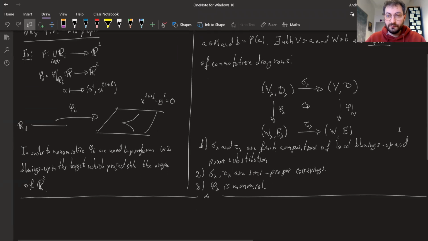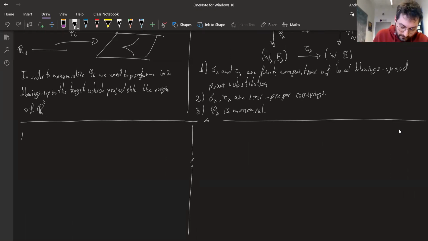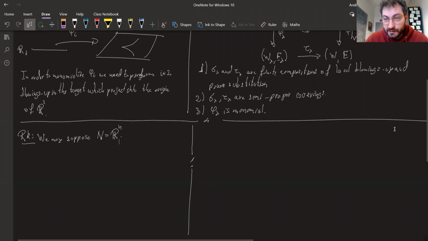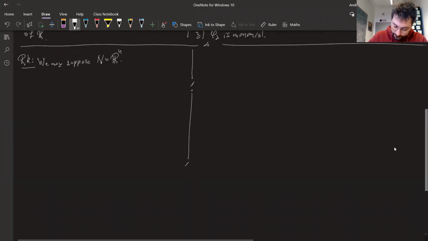First of all, since we're going to restrict ourselves to some V in the source and some W in the target, we may suppose that the target N is equal to Rn. And this allows us to start the process already with a fixed coordinate system, and therefore write the morphism in a special way.